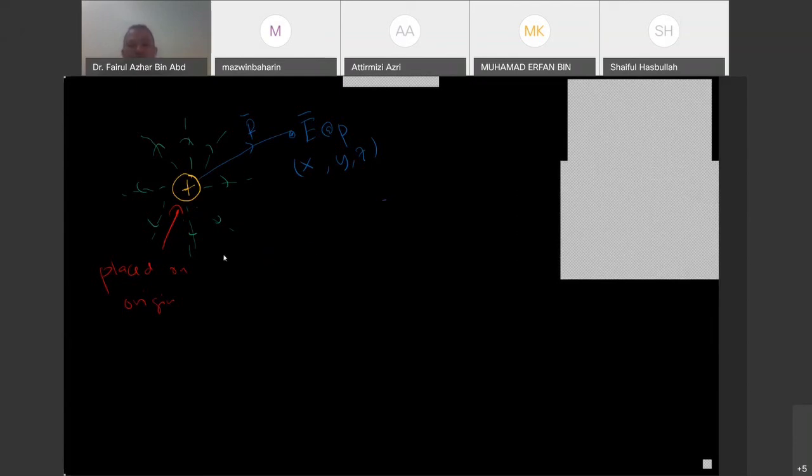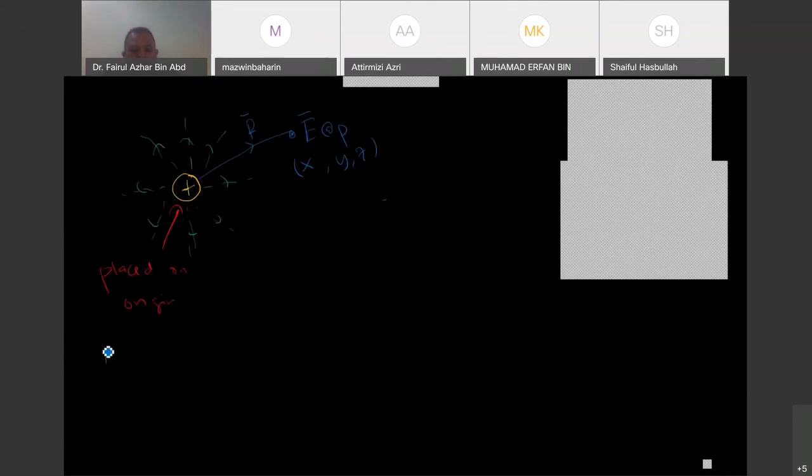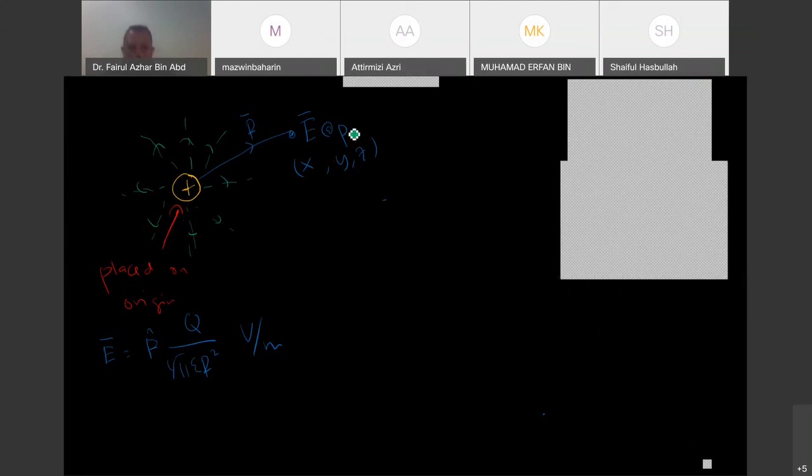As we already know, the expression for the electric field intensity is equal to r cap, q, divided by 4 pi epsilon r squared, in volt per meter. First we need to develop the expression for this vector.